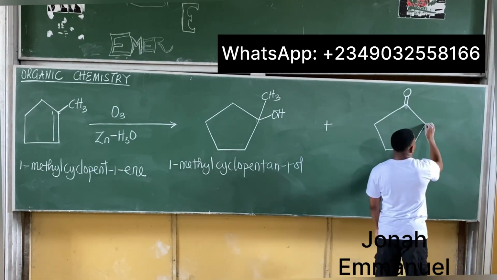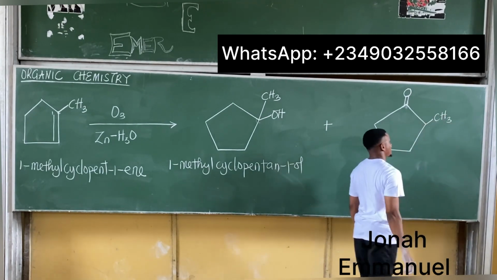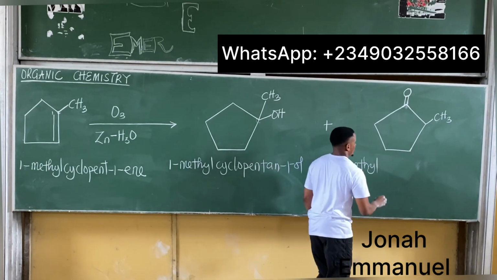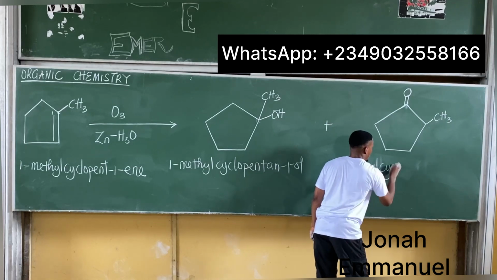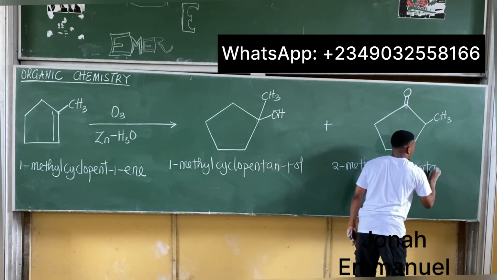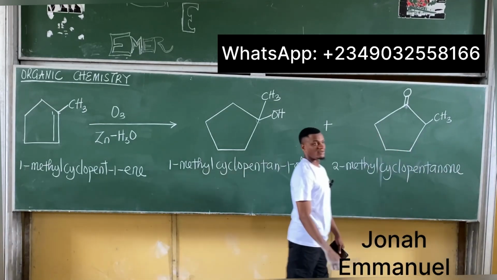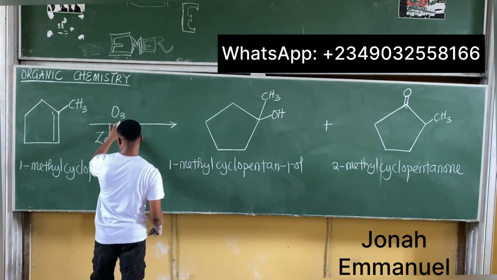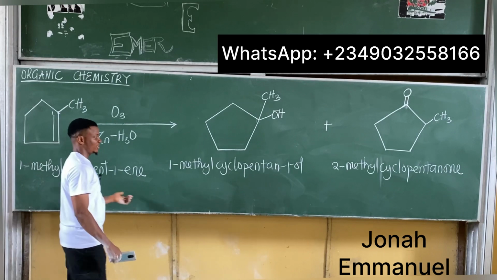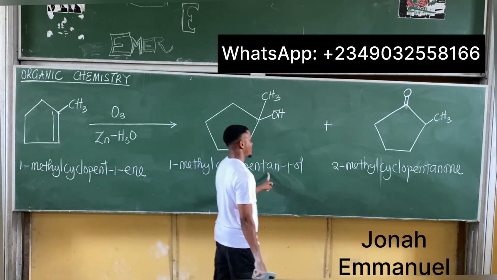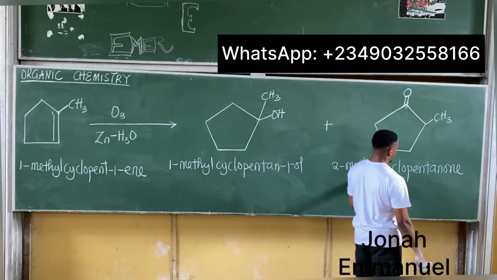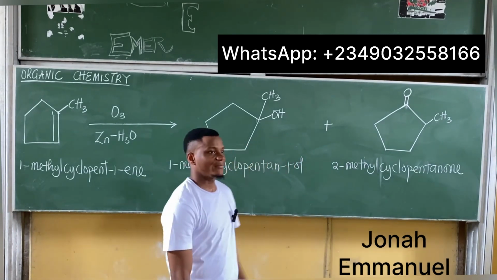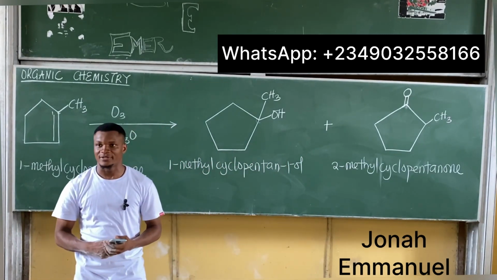So I have to move that CH3 here, and it becomes 2-methylcyclopentanone. So the product of the ozonolysis of 1-methylcyclopent-1-ene is 1-methylcyclopentan-1-ol and 2-methylcyclopentanone. So that's your answer, please.